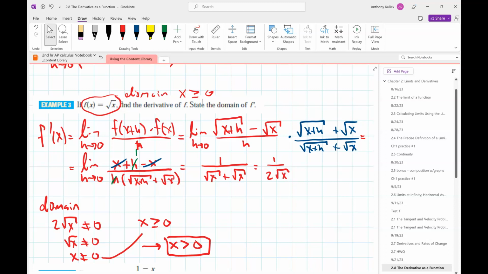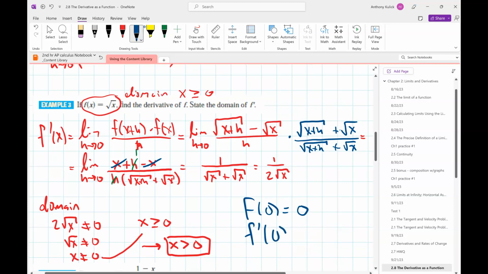Oh, okay. That's fine. That can happen. Wait, what do you mean? Well, it means that while I can do f of 0, f prime of 0 does not exist. Which is kind of weird, right?